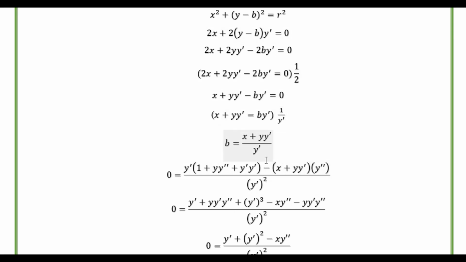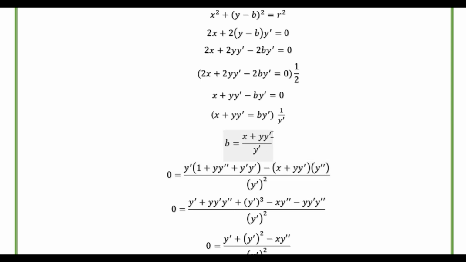Okay, so copy itong denominator, so y prime, no? So derivative of ito. So derivative of this one is 1 plus, ito is product rule, no? So product rule ito, so we have y tapos y double prime plus copy itong y prime tapos derivative nito is y prime, di ba?